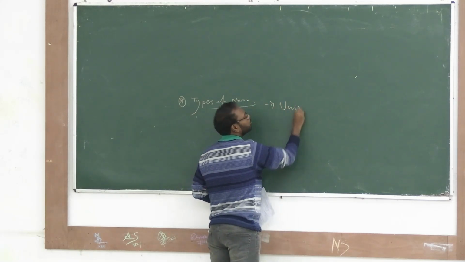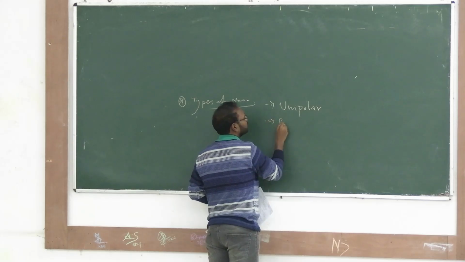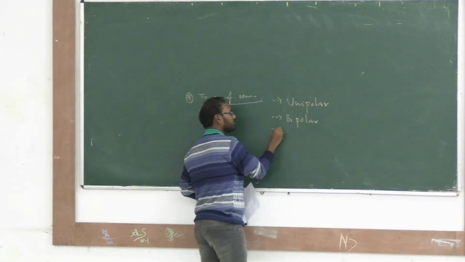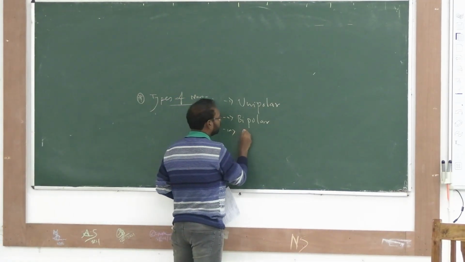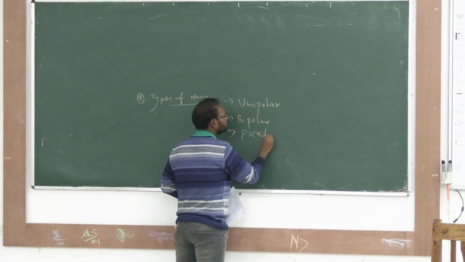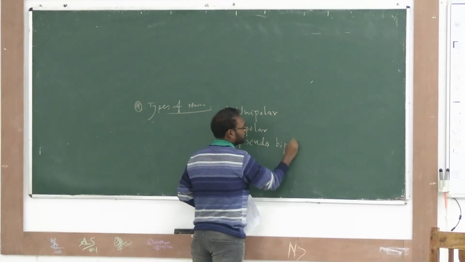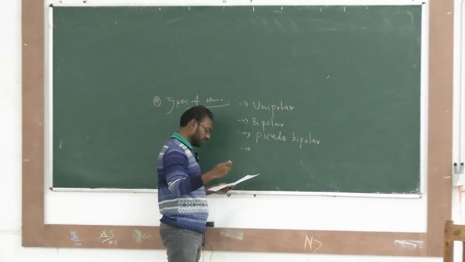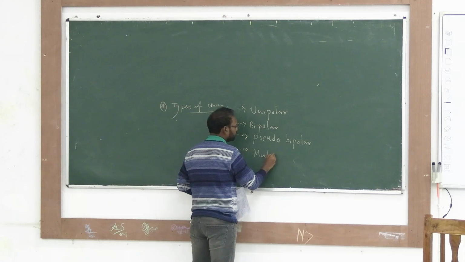You have probably already read these in 11-12. Second is bipolar. Third is pseudo bipolar, which means they are not exactly bipolar but look like them, right? And finally comes multipolar. Multipolar neurons are found in us.